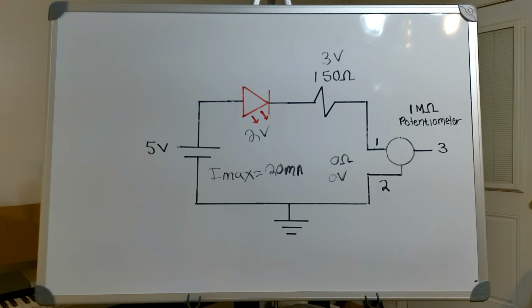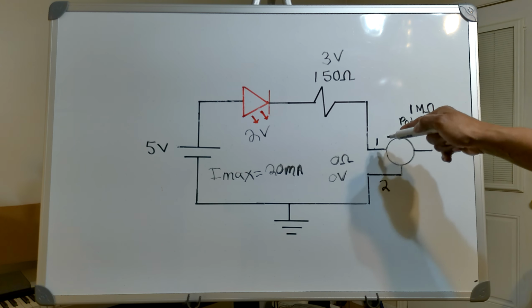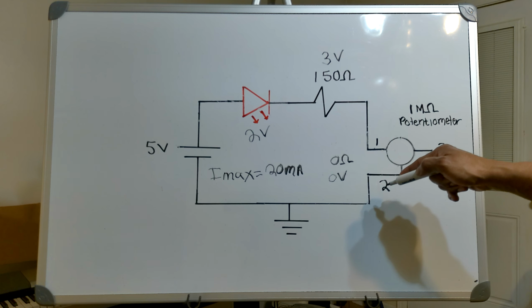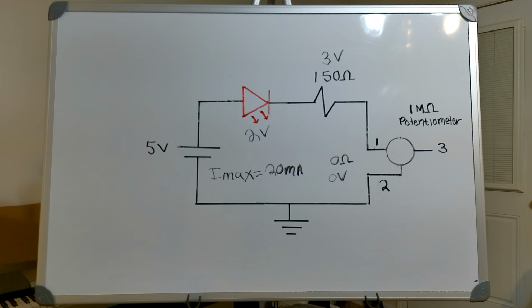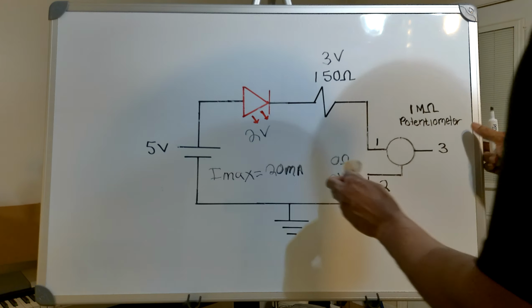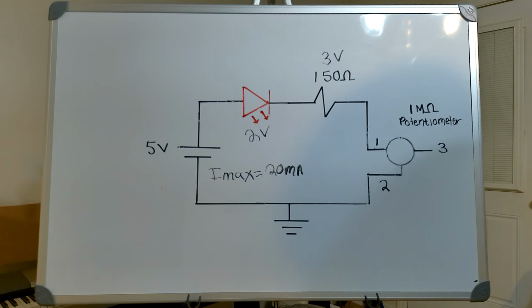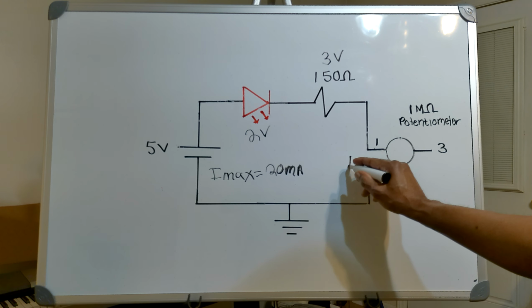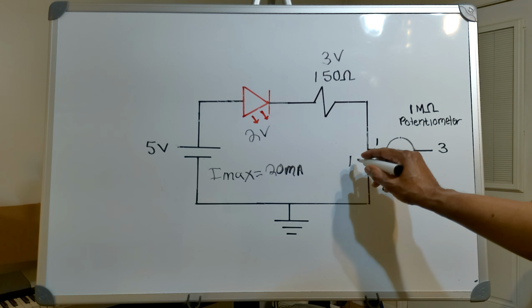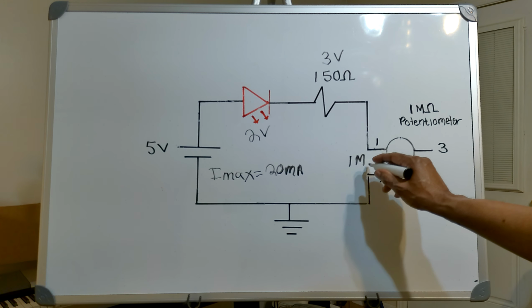Now, if I decided to put the full value of my potentiometer across my pins 1 and 2, my resistance when I adjust my potentiometer across pins 1 and 2 is now 1 mega ohm.